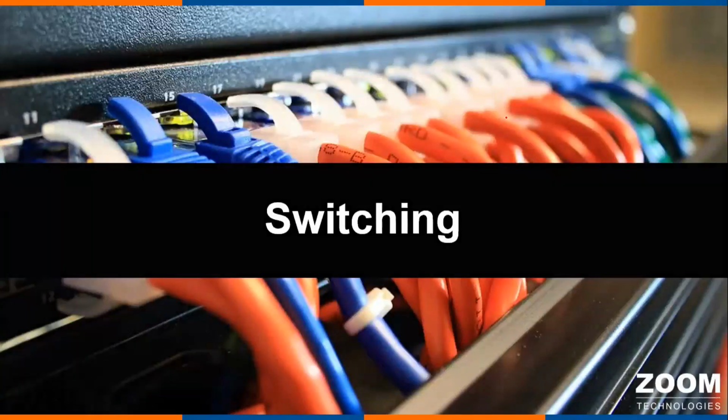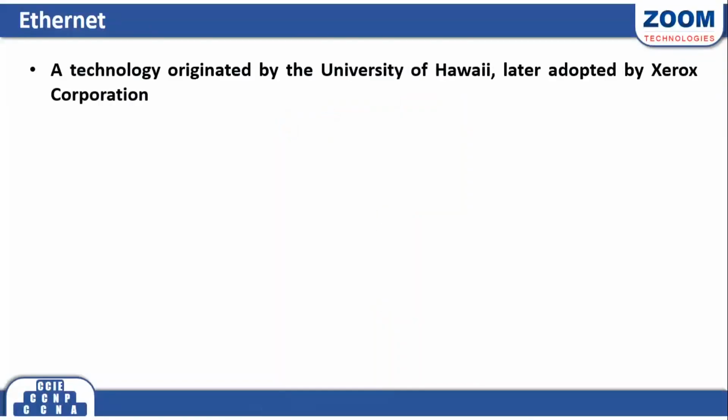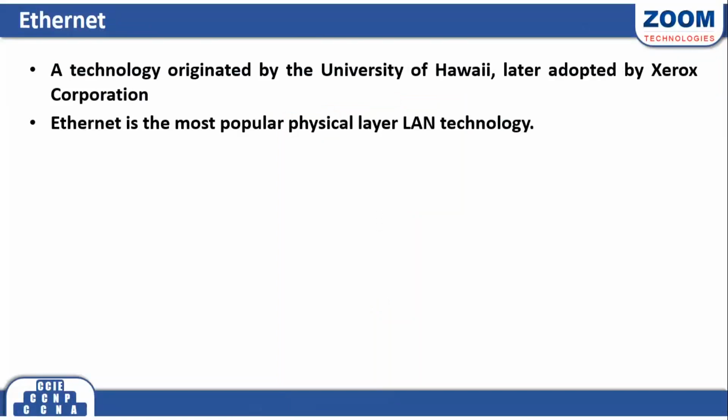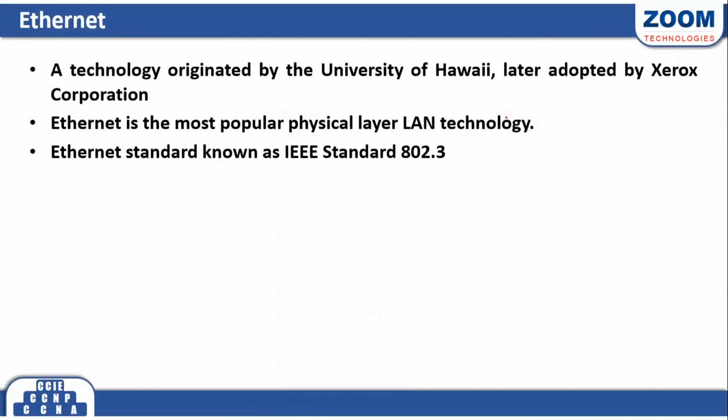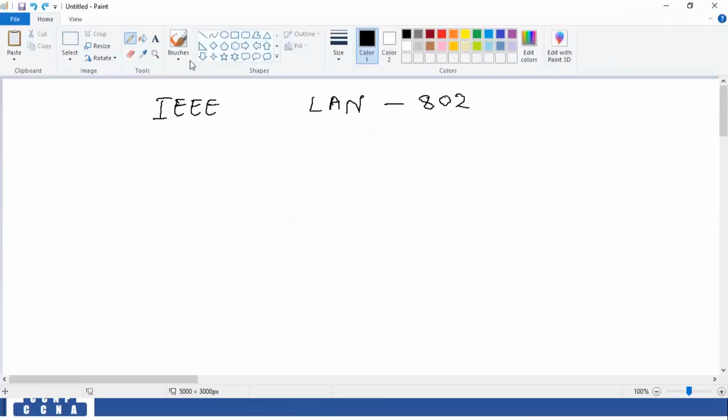A small introduction on Ethernet. It's a technology originated by the University of Hawaii, later adopted by Xerox Corporation. So Ethernet is the most popular physical layer LAN technology. As per IEEE standards, does Ethernet come under LAN or WAN?